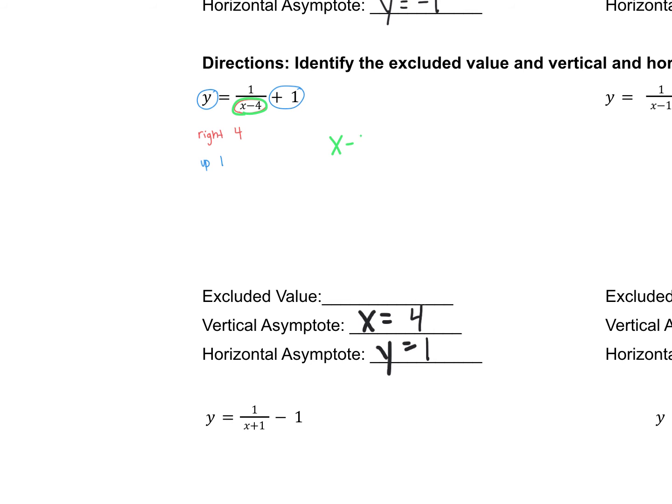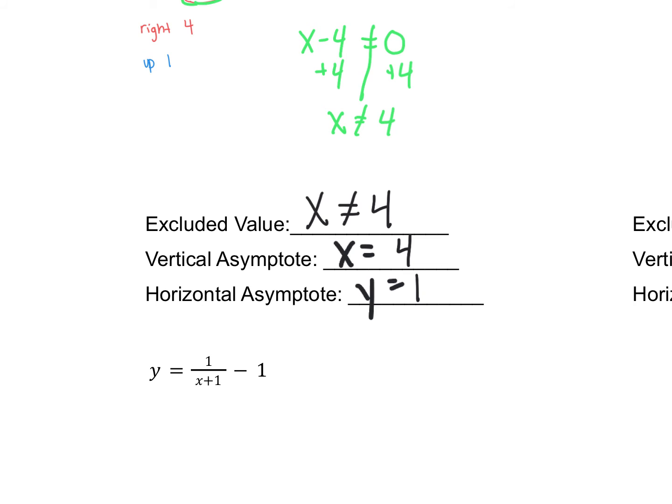We have x minus 4, and we set that equal to 0. Let's go ahead and solve. X is going to equal 4, but remember, for an excluded value, we put that line through it, so we know that x will not equal 4. Okay. So when we are doing this, we do excluded value, vertical, horizontal. So we're going to do x does not, x does, and y does.